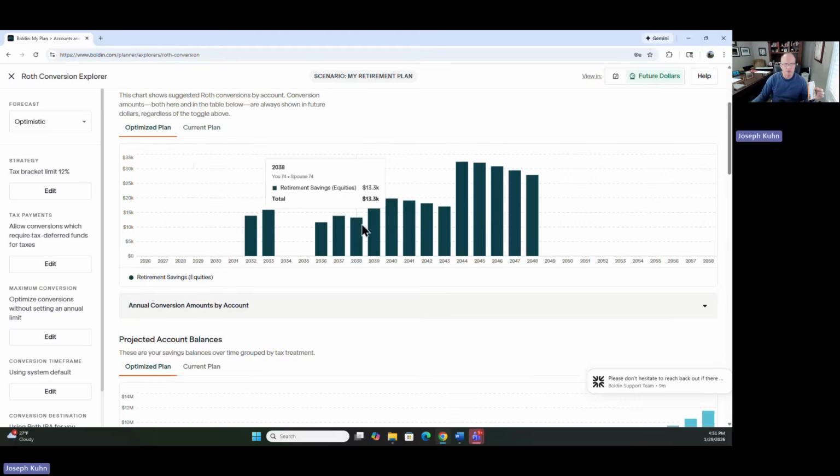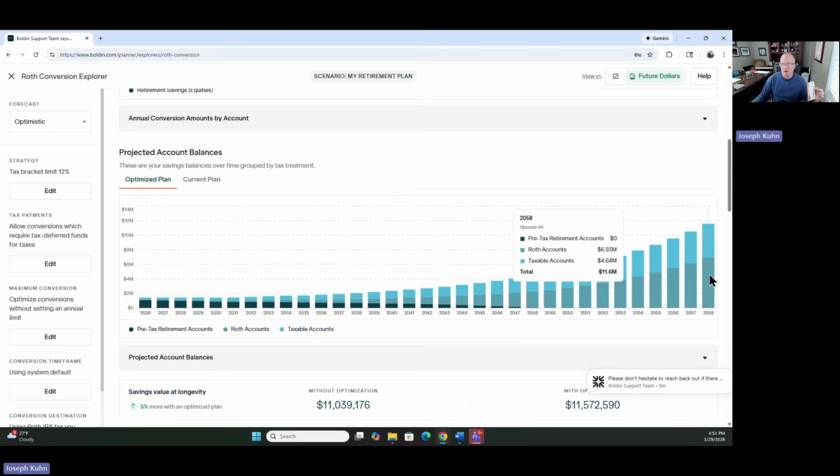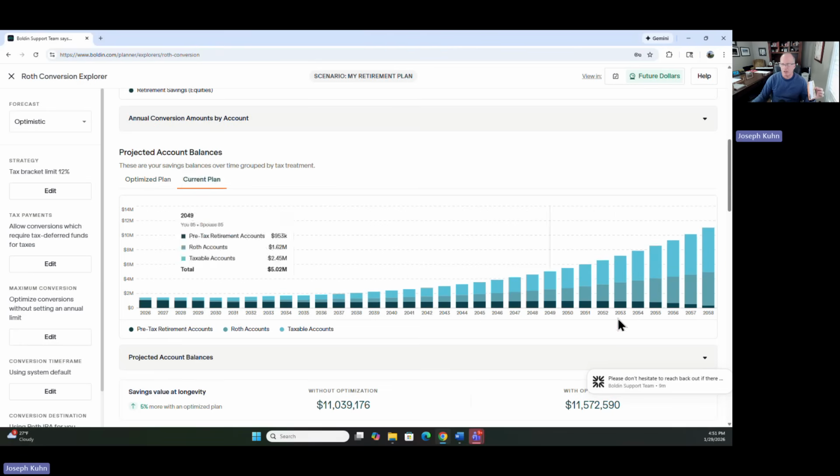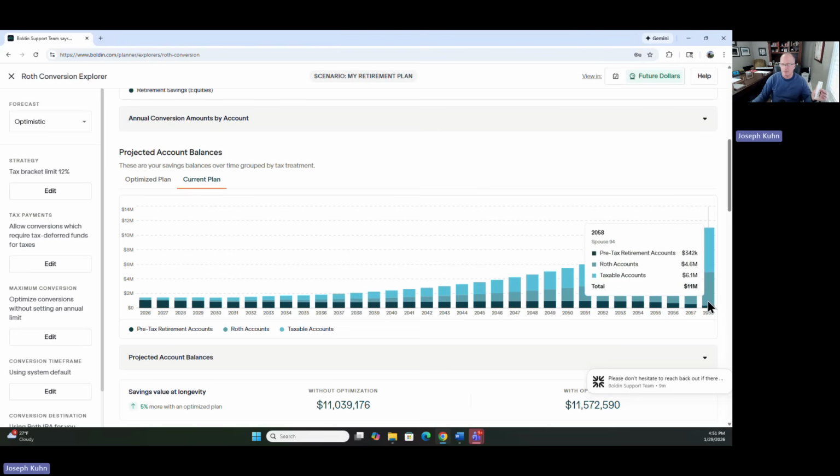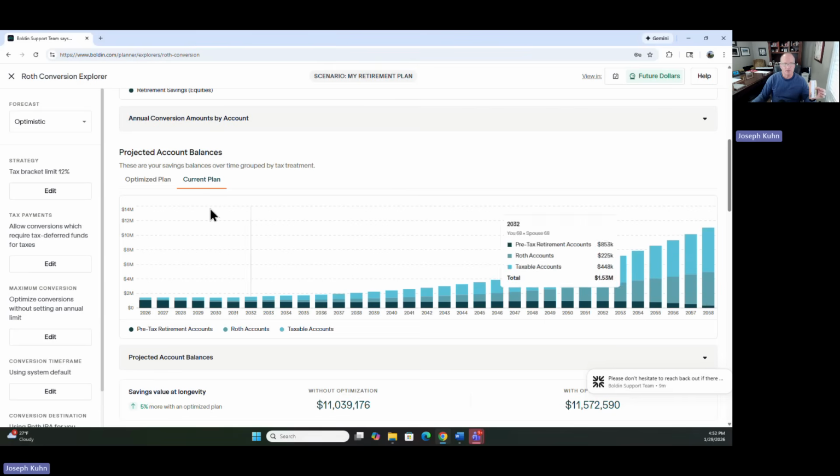There's no Roth conversions. Here's the projected account balances. The optimized plan ends with 11.6 million. The current plan ends with 11 million. But keep in mind where that money is located. This is the current plan. I guess the current plan, optimized plan.